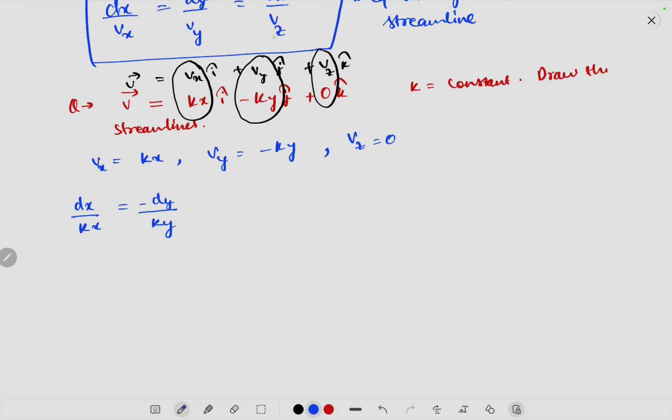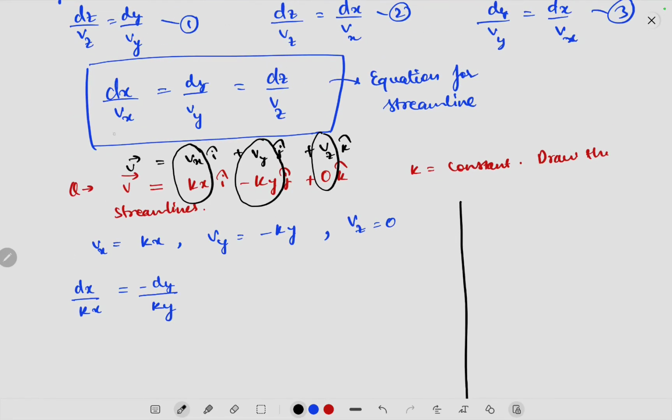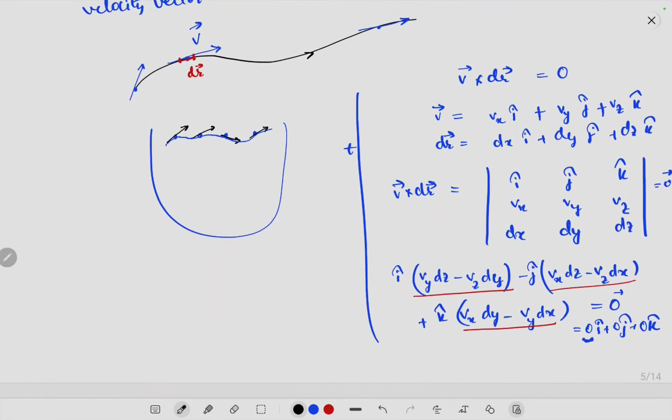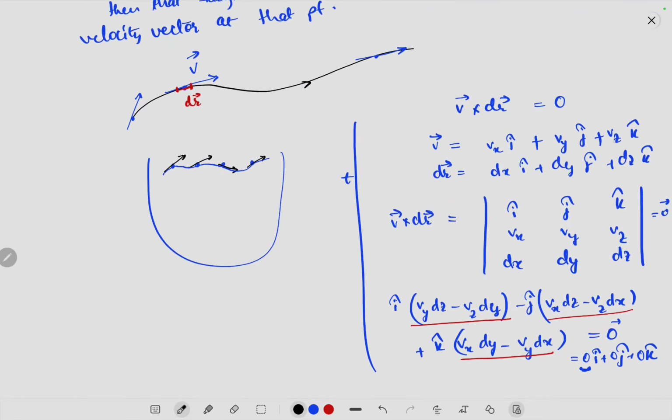Now you may say that, oh, this vz is 0, so this will become infinity. No, it's not the case like that. The reason is, when I am deriving this equation, I took a finite vz.